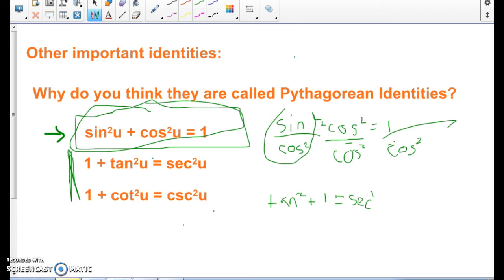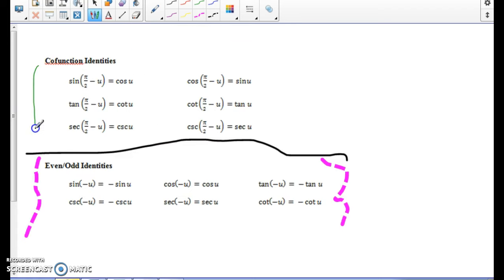Then we have the final identities that you have not seen, which are the cofunction identities. You notice that they are similar. Sine of pi halves minus u equals the cosine of u. Cosecant of pi halves minus u equals secant u.